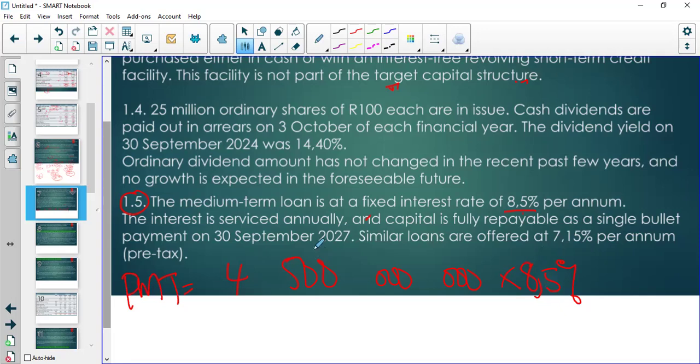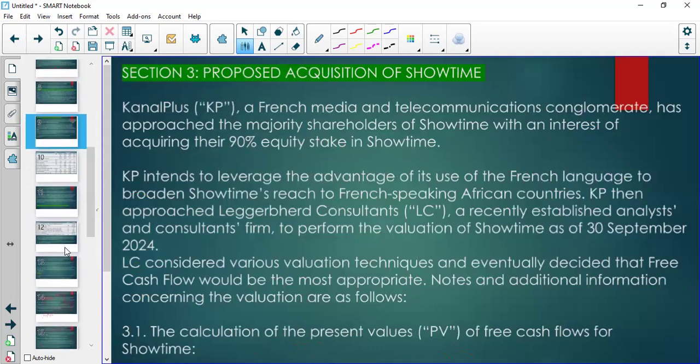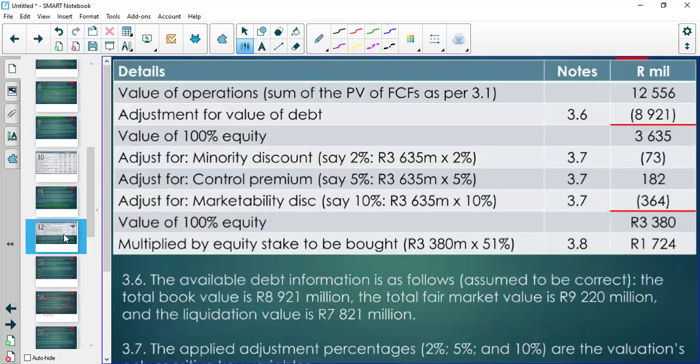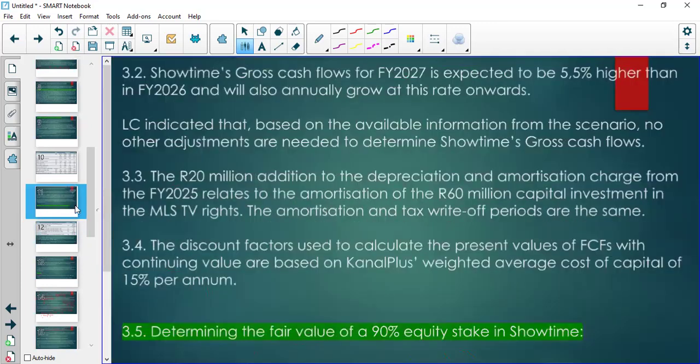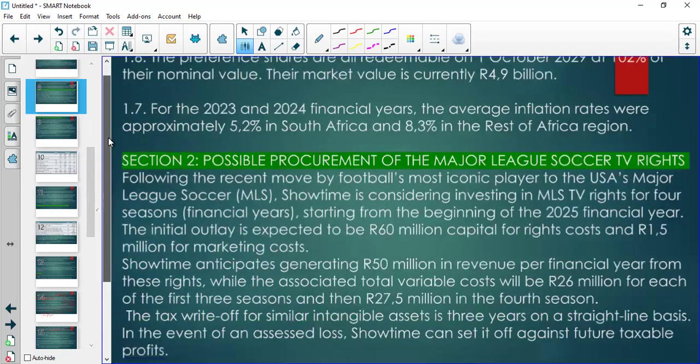I haven't checked what the tax rate is, so I don't like it. There's a lot of scrolling up and down. So where do we have the tax rate applicable here? You guys would have seen that, because I really don't want to. Do we have any tax rate applicable?